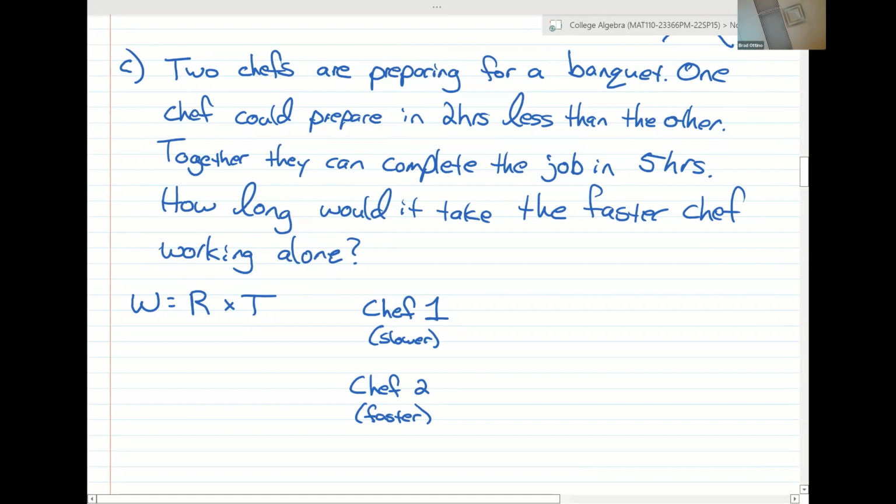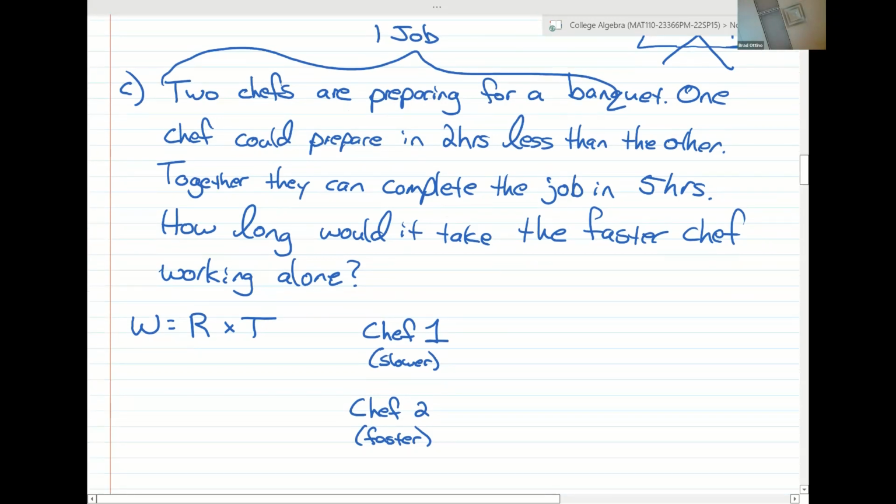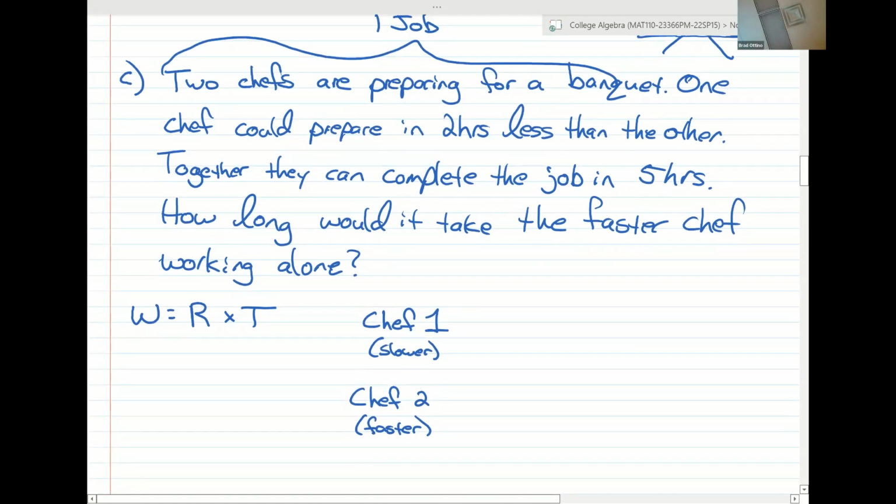Well, in order to solve for t, we have to have an equation that has t as the variable. So let's say that to prepare for a banquet, this is the job. One job. So our equation would say the work is 1, because it's 1 job.